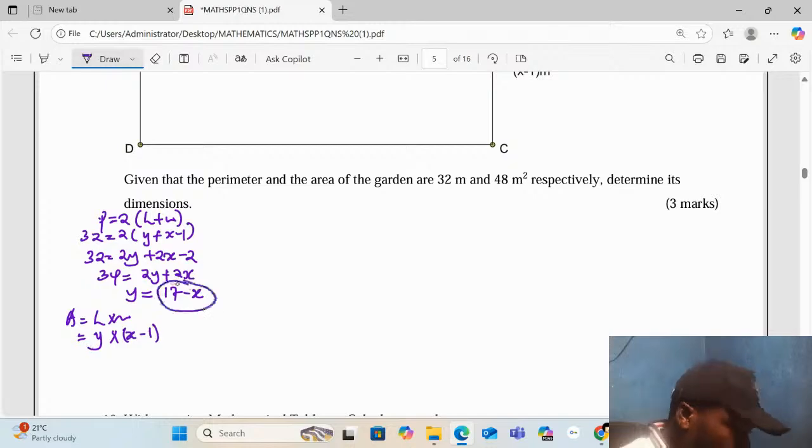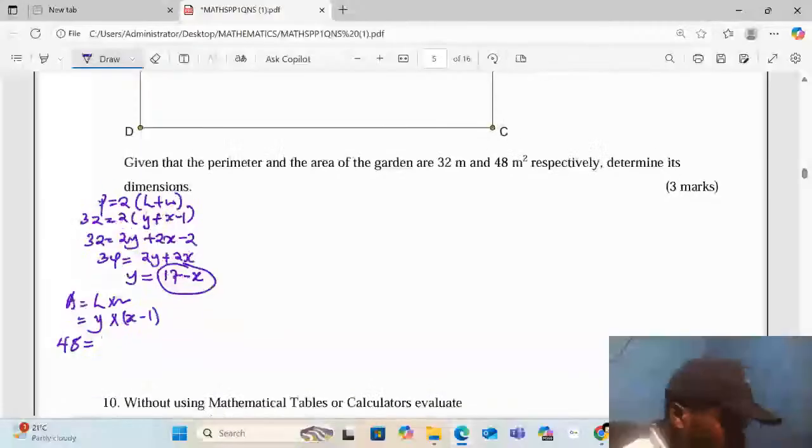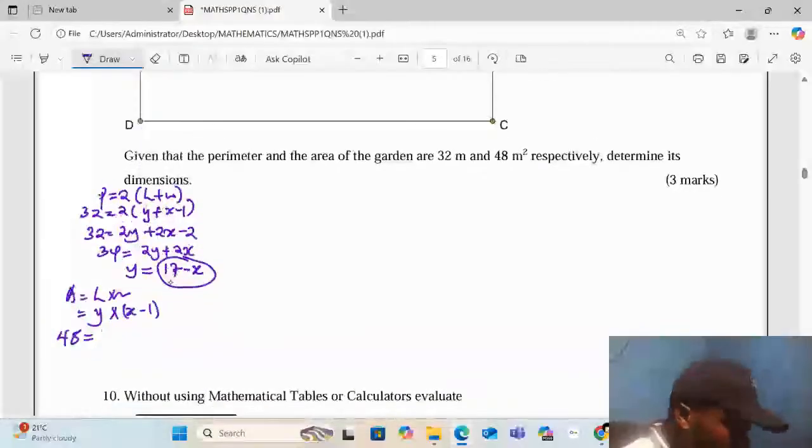We know that y is equal to 17 minus x, so we replace y with that. So 48 is equal to 17 minus x times x minus 1.